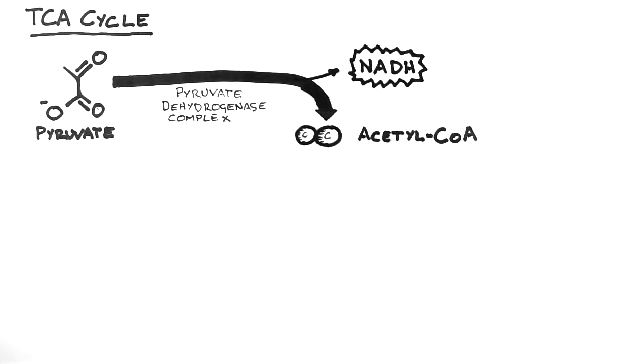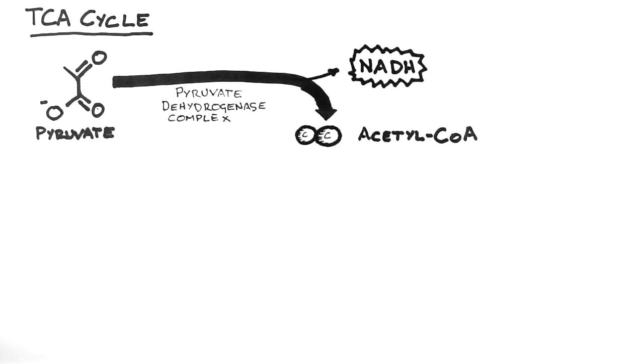Now I've drawn the acetyl-CoA as two balls of carbon. This is because acetyl-CoA is a two-carbon molecule. In this tutorial, we're going to pay special attention to the carbon balance throughout the TCA cycle. Hence, it is easier to illustrate the molecules involved in this way.